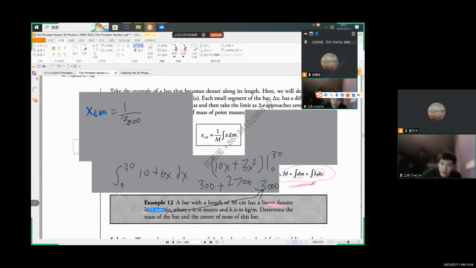And then the center of mass: we integrate x dm, 0 to 30. Times 900 over 2.